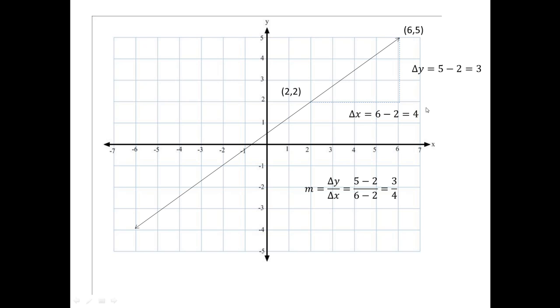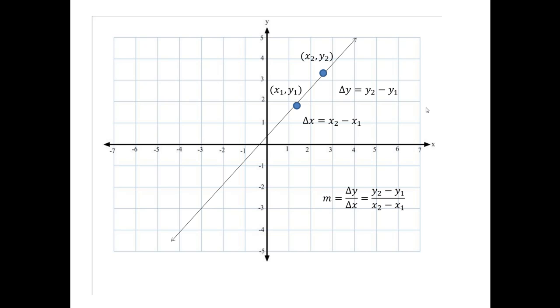So this means that if we are given 2 points, if I say that's the first point and that's the second point, then the change in y is just the second point taking away the first point. I labeled the second point y2 in this case, so we can say that's y2 taking away y1 like before.